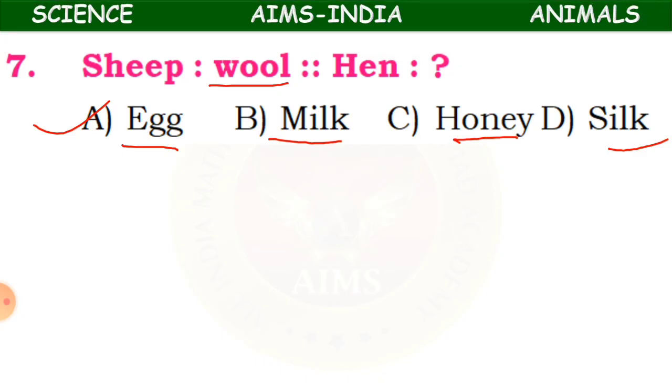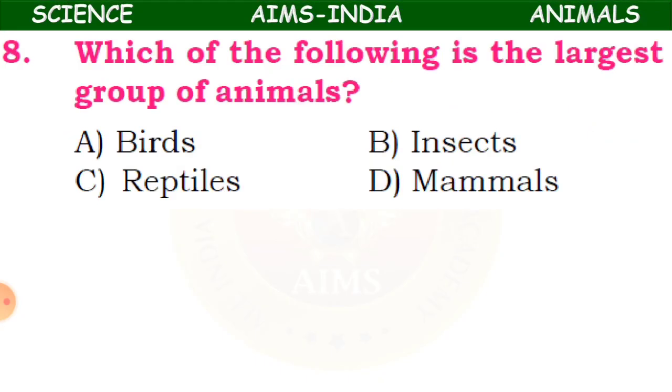Clear? Now, which of the following is the largest group of animals? Largest group of animals, in the sense, so many in number. So these particular animals are spread in a wide number, there are so many in number, that we have also learnt in our lesson.